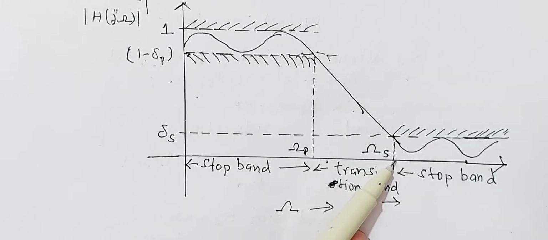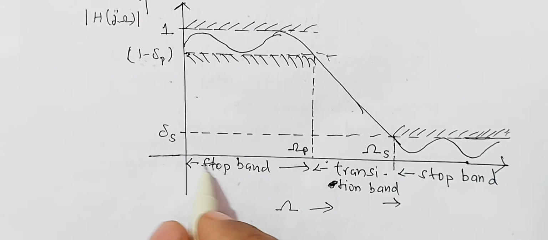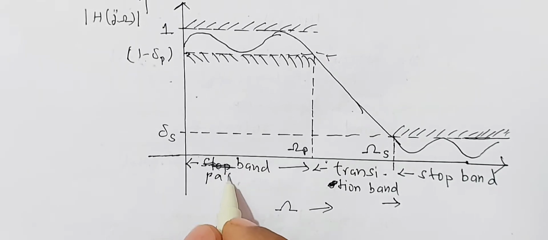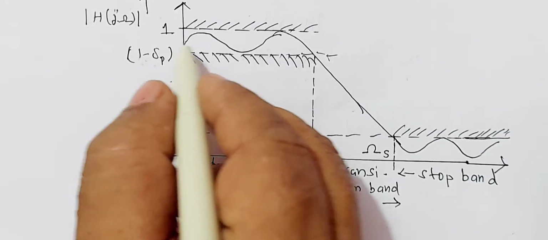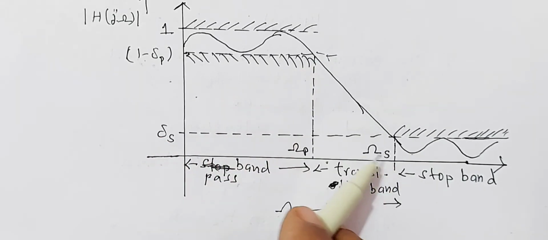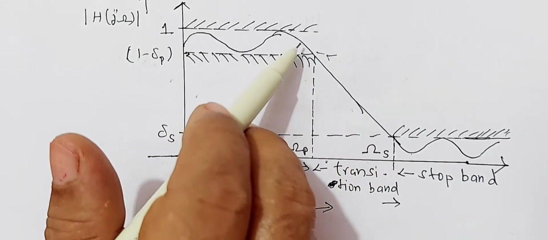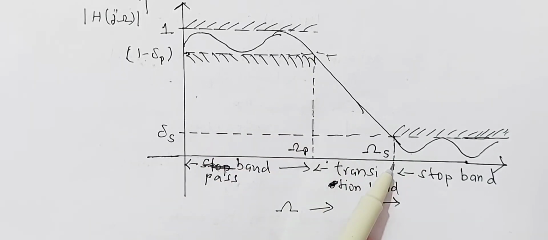This is called the transition band. This is called the pass band, because in this range the output voltage is passed. In the transition band the output voltage decreases, it has a transition from a higher value to a lower value. Therefore, this is called the transition band.